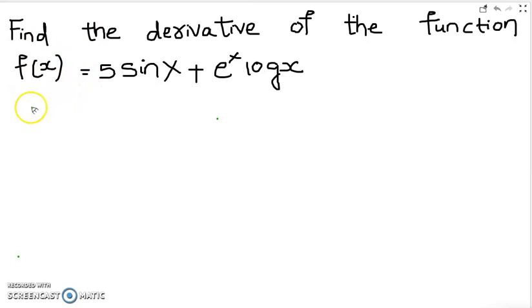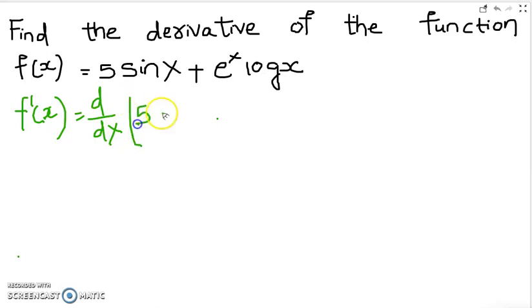So first of all, let's differentiate: f dash of x is d by dx of 5 sin x plus e power x log x.